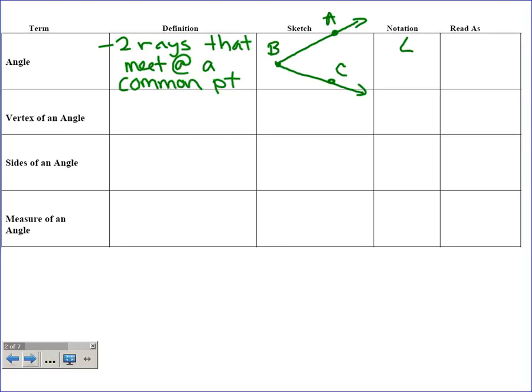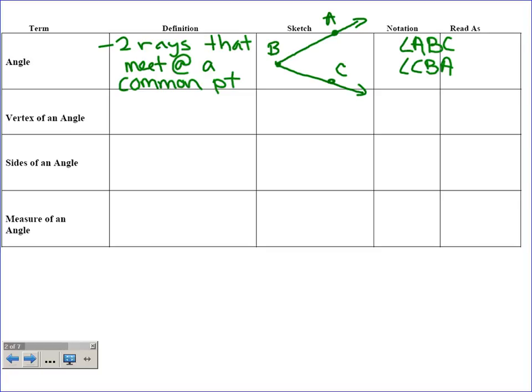We could say this is angle ABC. The angle symbol is kind of like an exaggerated L that slants in. Angle ABC, or you could name it angle CBA, because in those ways you'll actually be tracing the angle. Does that make sense?